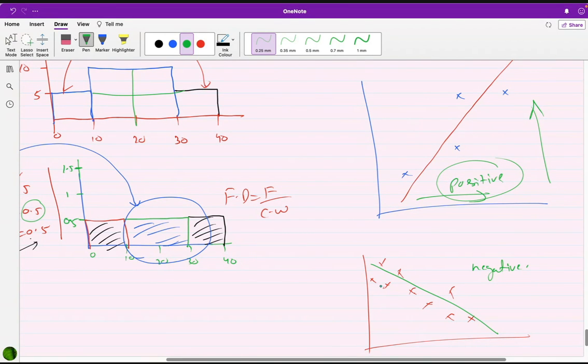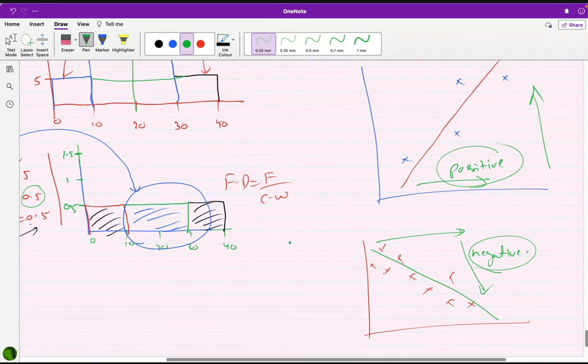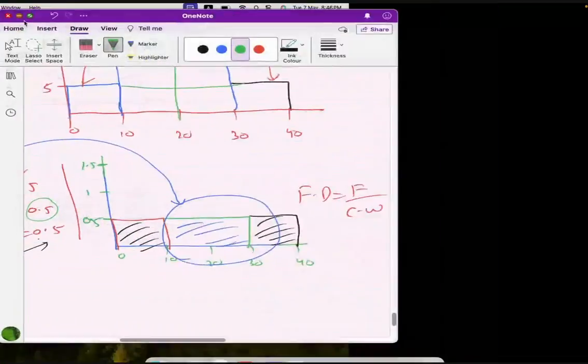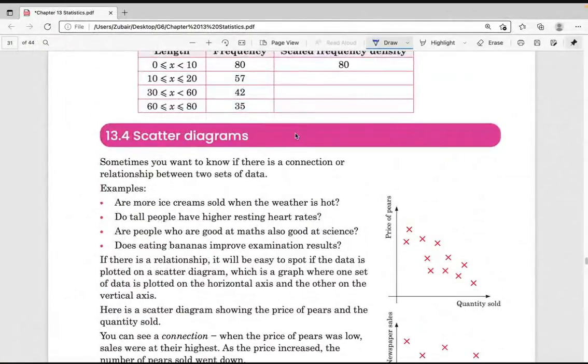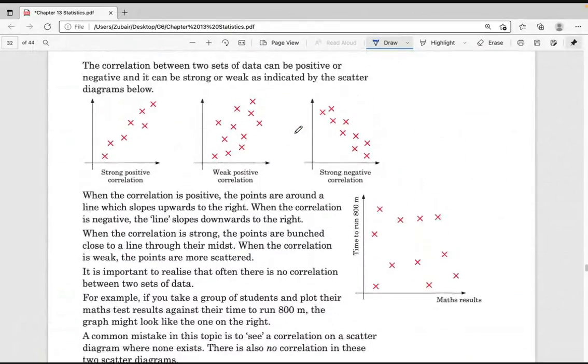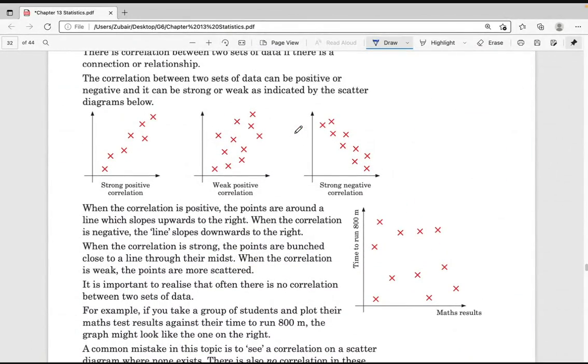And in this, if x is increasing and y is decreasing, we call it a negative relation. You can also relate it with the gradient. Positive gradient is positive relation, negative gradient is negative relation. This is the line of best fit, and as you can see, both are increasing, but the spread is a lot. So he calls it weak positive, and this is negative correlation.